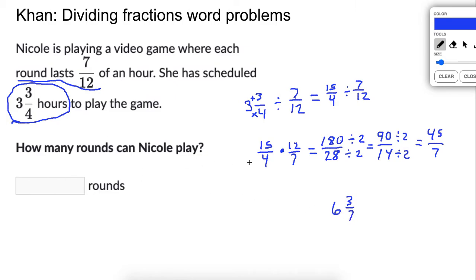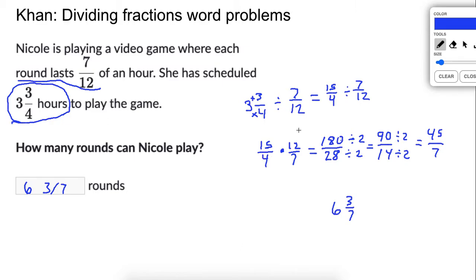And again, you could enter in the 45/7, but if we're entering in a mixed number, we type 6, space, and then 3/7 is how we enter that into Khan. But it will take either one of these as long as it's simplified. If you enter in the 180/28 or 90/14, it'll say almost there. It usually won't mark it wrong, but it will give you a warning that you are not simplified.